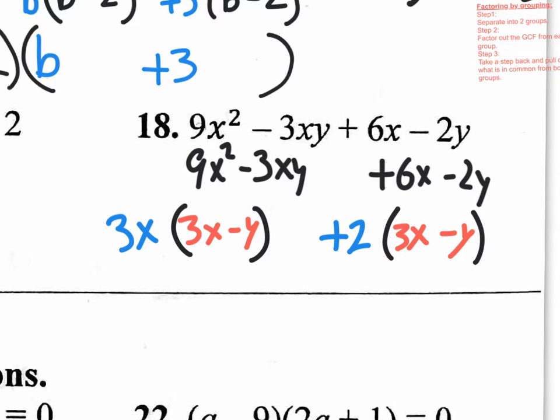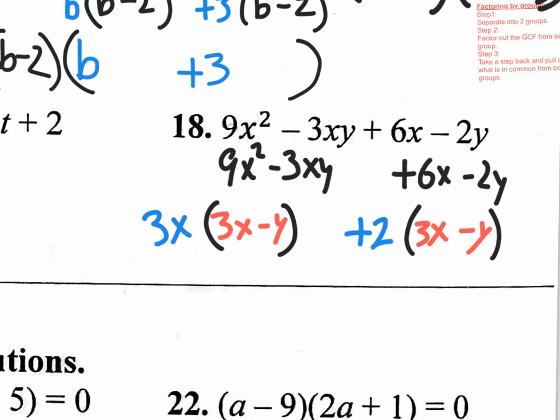So let me take this 3x minus y and this 3x minus y and pull them out here into the front. Let me make this a little smaller. I want to pull out, like I said, the 3x minus y out in the front. And I would have my remaining terms on the inside of the parentheses, these exaggerated parentheses.